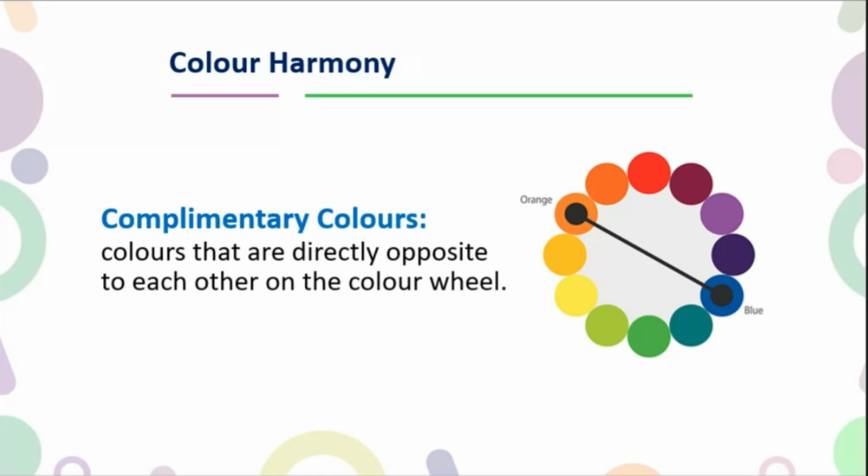If you take orange, orange is directly opposite to what? Blue. So orange and blue are what? Complementary colors. In your design, you can use complementary colors as your color palette. So you can use orange and blue together in your design.